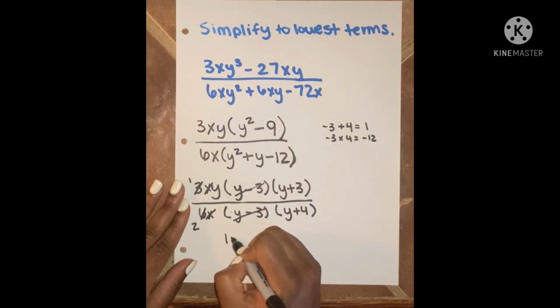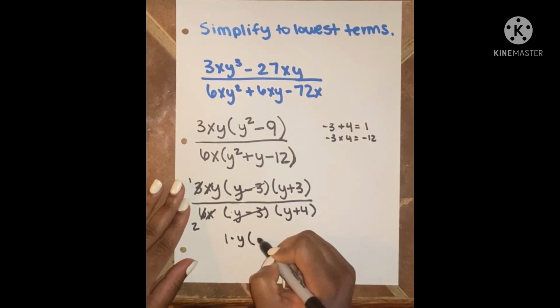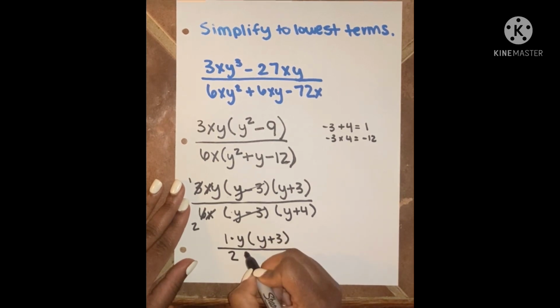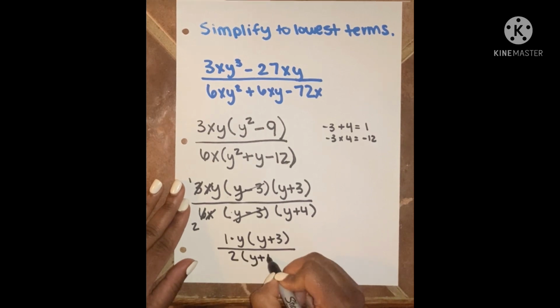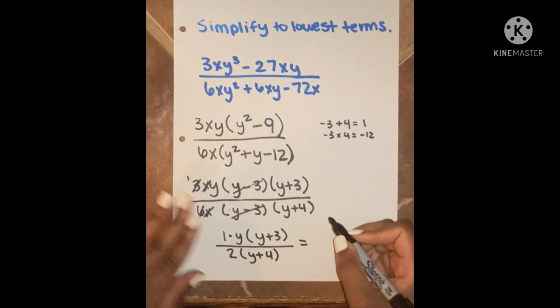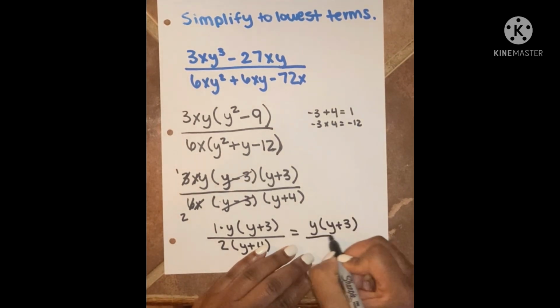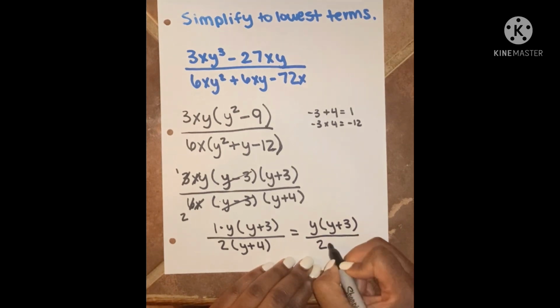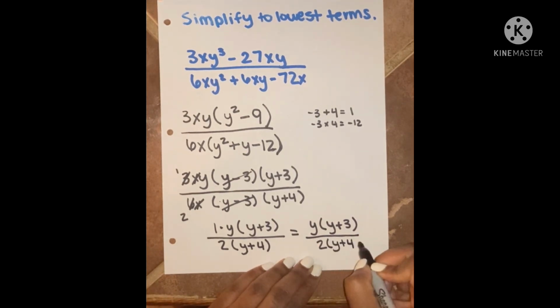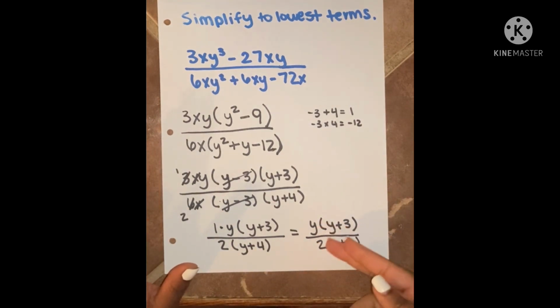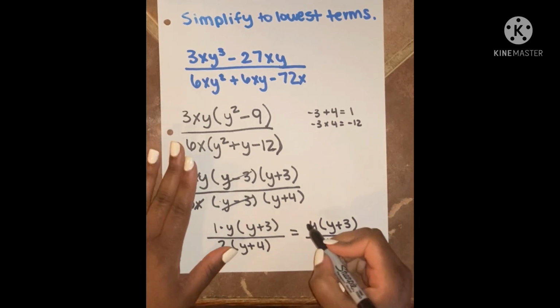We have 1 times y plus 3, and we have 2 times y plus 4, which equals y plus 3 divided by 2y plus 4. And because we know that we can't cancel the y and the 2, and y plus 3 and y plus 4 can't be canceled, this is going to be our final answer.